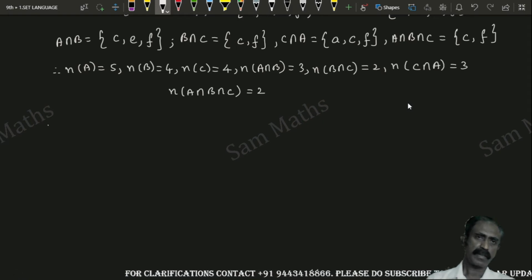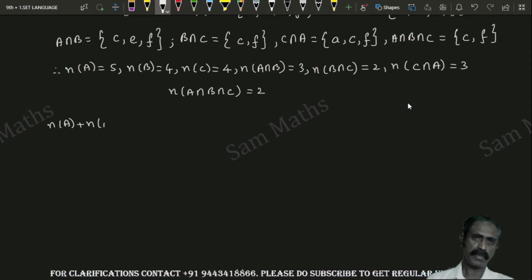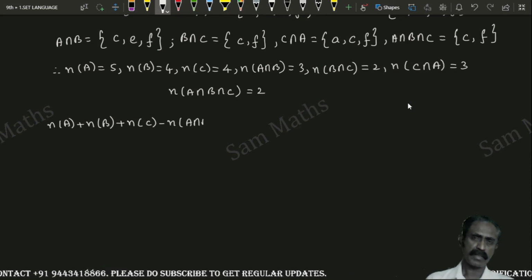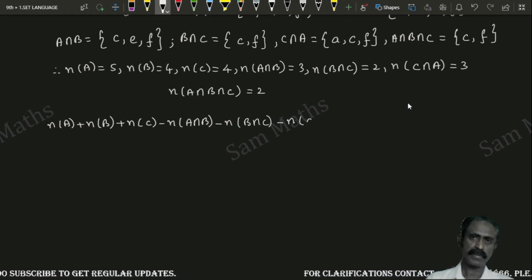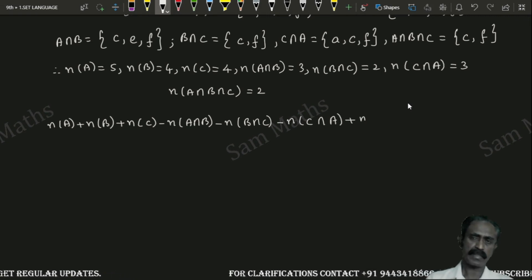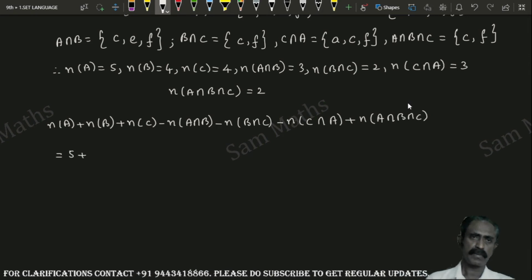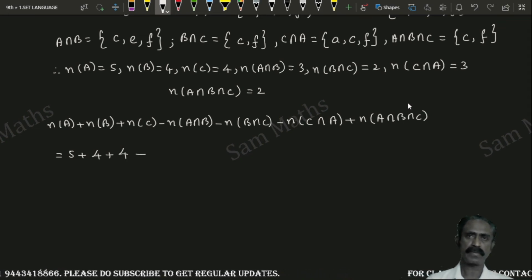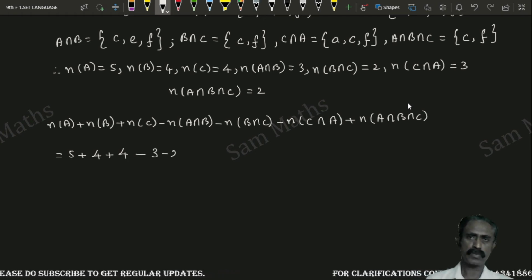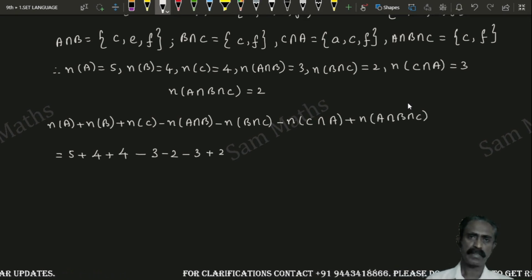Now we can write n of A plus n of B plus n of C minus n of A intersection B minus n of B intersection C minus n of C intersection A plus n of A intersection B intersection C, which is equal to 5 plus 4 plus 4, then minus 3, minus 2, minus 3, then plus 2.